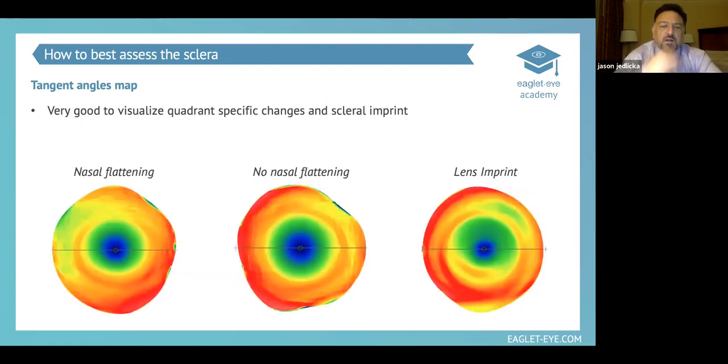However, it does have application, in particular if we want to look for a lens imprint like you see on the far right side, or localized areas of change that are subtle. Sometimes looking at a tangent angle map can be very helpful. We often see things like the nasal flattening on the picture on the left versus the non on the right, which can be a little bit harder to detect occasionally on an elevation map. And so again, using the tangent angles map as you gain more experience with profilometry can be helpful in getting a second perspective on the eye shape we're looking at.